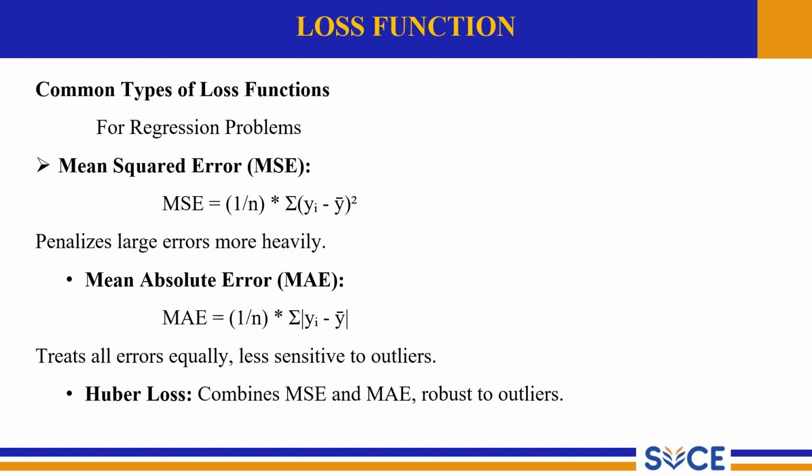Mean absolute error is defined as L equal to 1 by n into summation of |yi minus y cap|. So MAE measures the average magnitude of errors without squaring them. So it is more robust to outliers. It treats all errors equally and gives a more balanced view when the dataset contains noisy values. Together, MSE and MAE help us understand the model's error from both the squared and absolute perspectives.